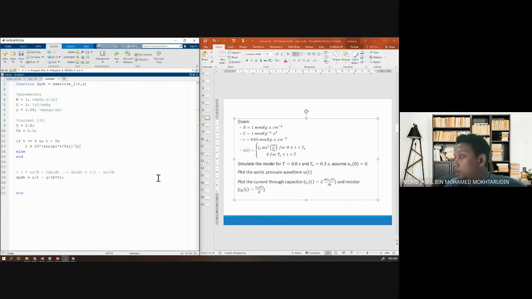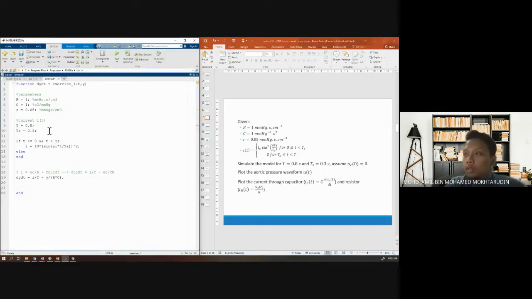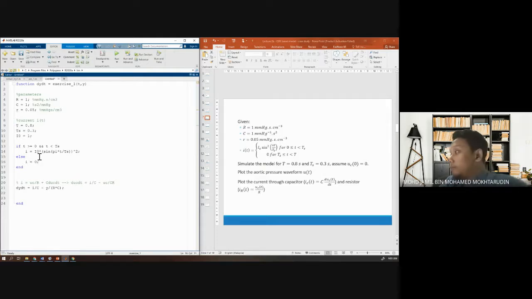We don't have I naught, so I think I naught equals 1. And then else I equals 0. So you have everything here, I, C, R already defined, but we don't use small r. Okay, so that's it for function number 1.